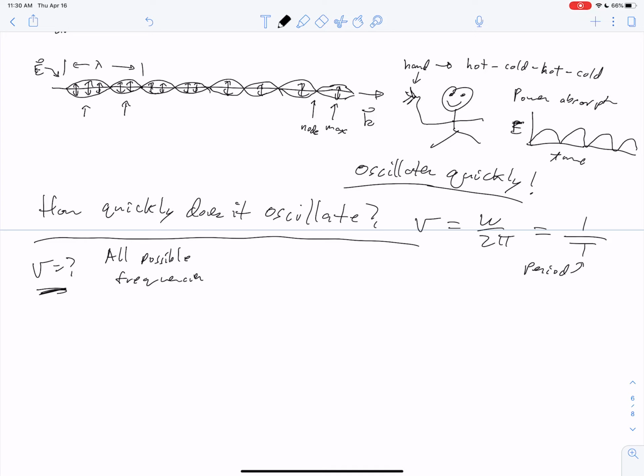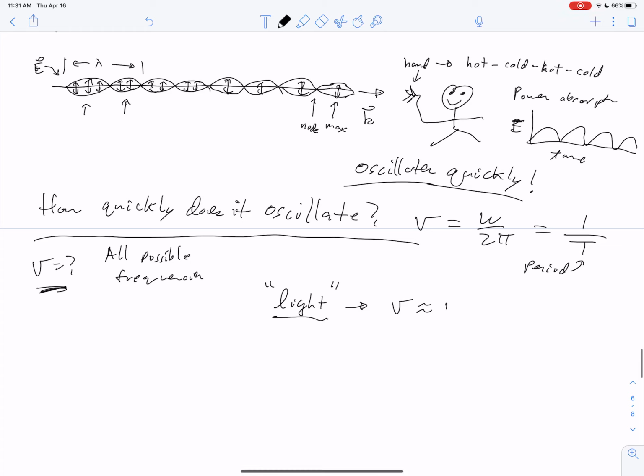But there are some very important frequencies in our physical world. For example, probably the most important frequency is light. That's the one that comes out of the sun. For what we call light, a type of electromagnetic wave, the frequency lies in a range right around 10 to the 15th hertz. That's the frequency of visible light, like green light.